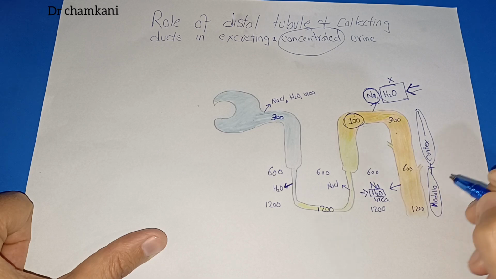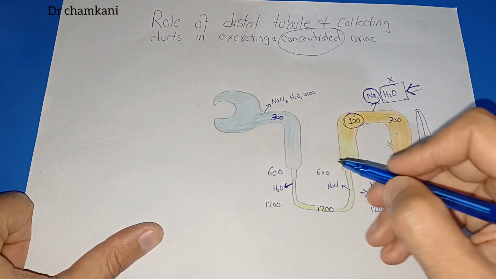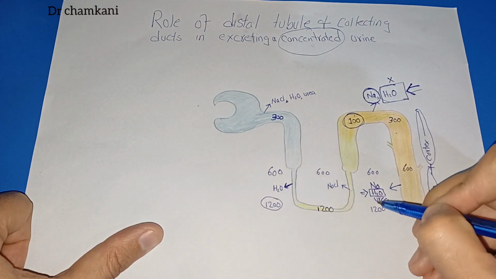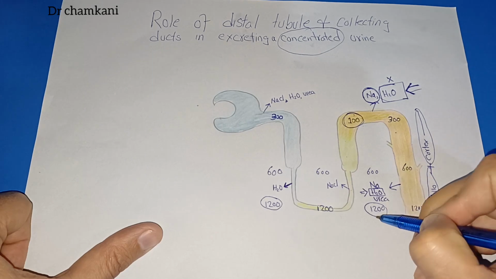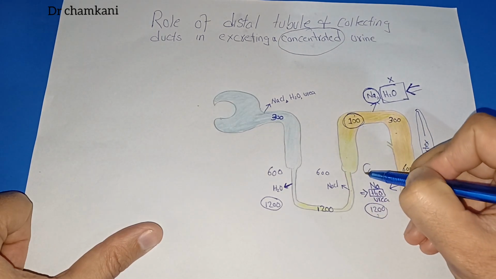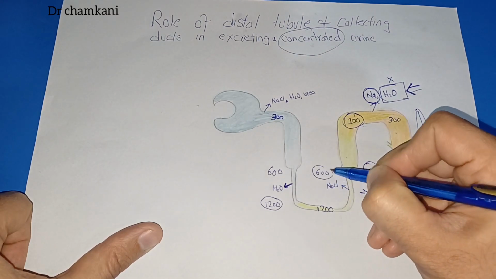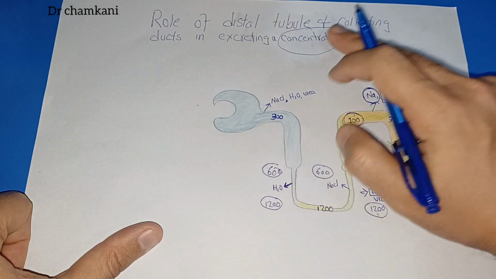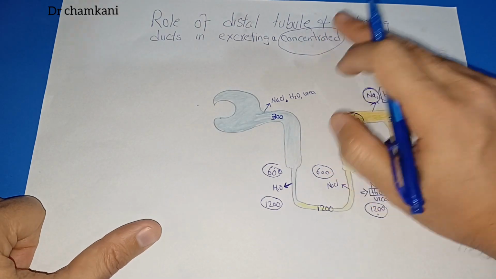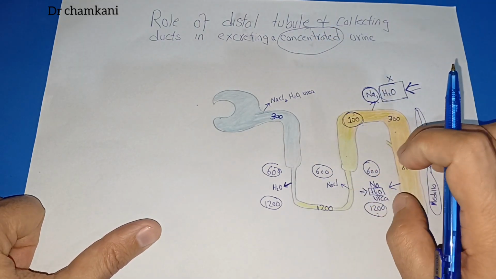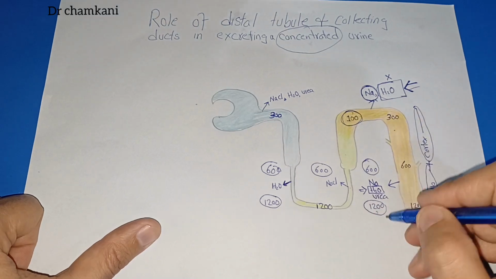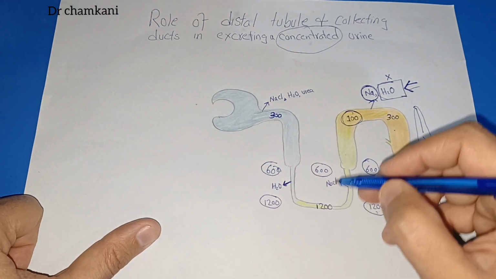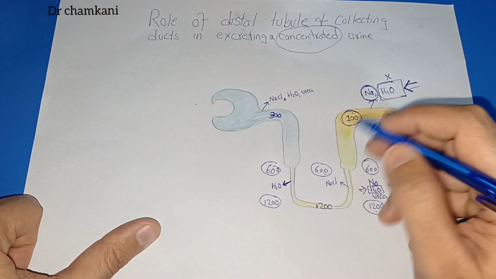But as we have mentioned, the osmolarity of the renal medulla is very high as compared to the osmolarity in the cortex, and this is very important for concentrating urine. It is also important to maintain the high osmolarity of the renal medulla as compared to the cortex.